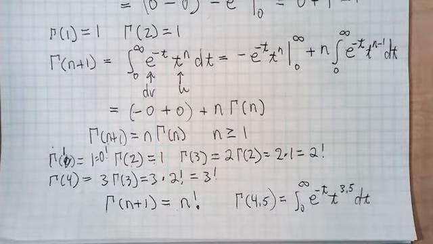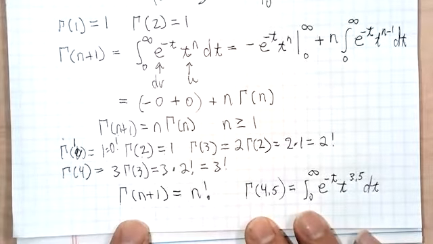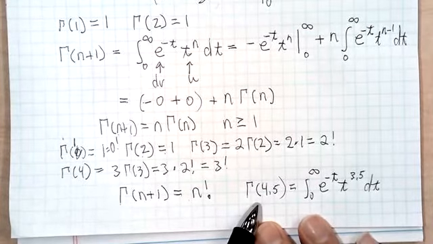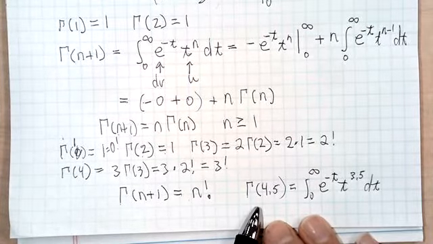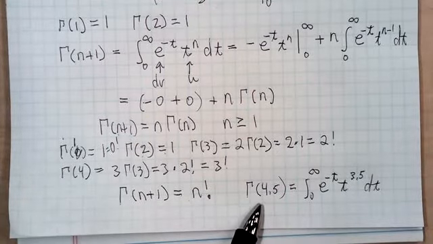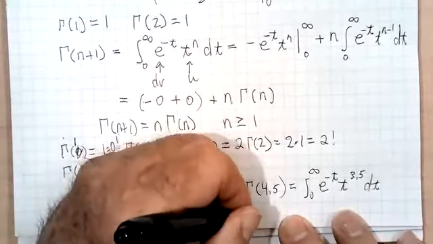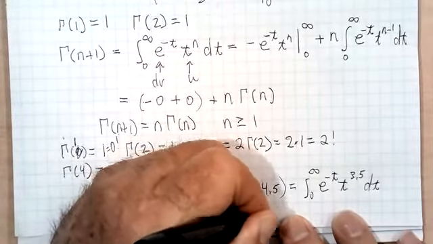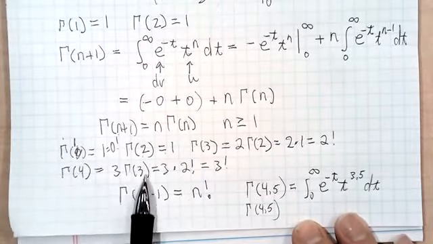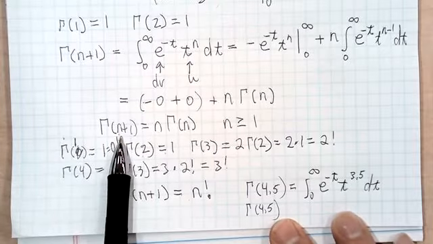And by the way, you don't have to have a table that just runs forever. You know, that starts at 1 and goes on to thousands and thousands, because you can keep knocking this down. This gamma 4.5, well, you could use this rule right here, gamma n plus 1. So it's 3.5 plus 1.